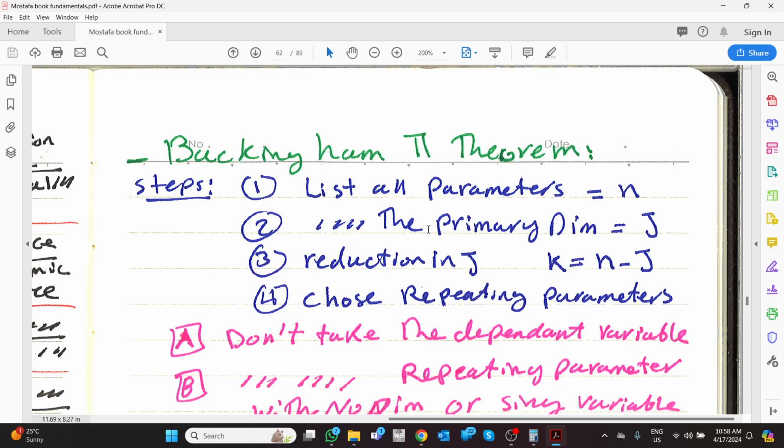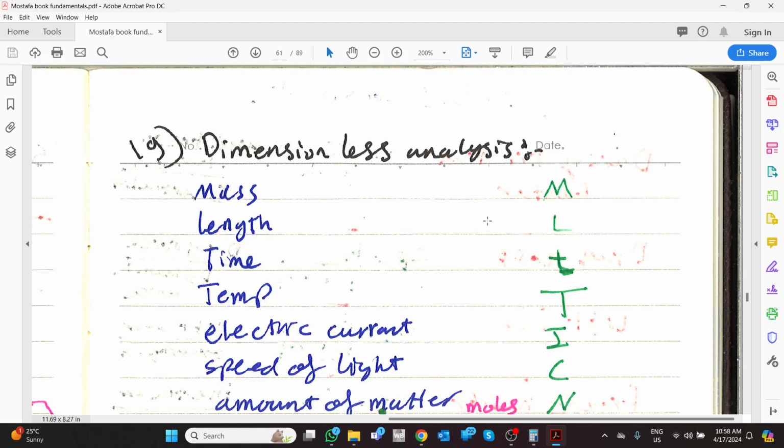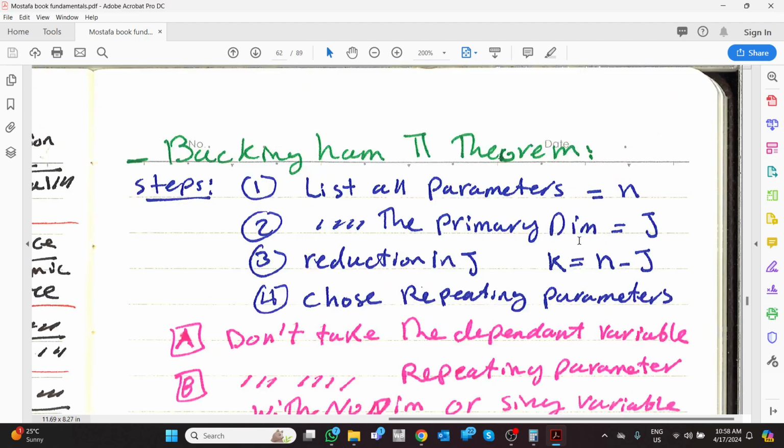List the primary dimensions, which means how many primary dimensions you have. You have mass in both parameters, you have length, you have time. Write all the primary dimensions, count how many there are, and call it g. Then make a reduction: k equals n minus g. Very simple.